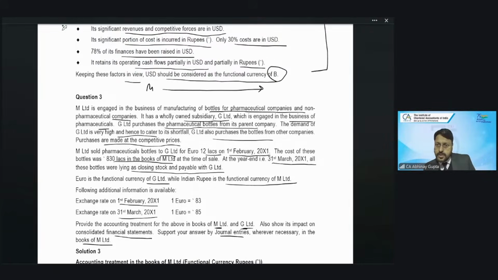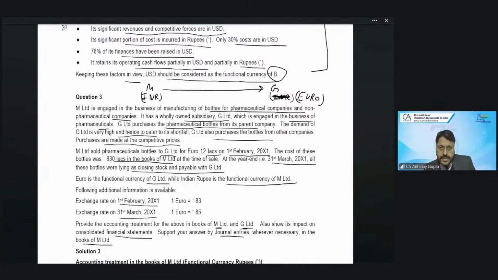M and G. G is based out in India, so INR is the functional currency of M Limited, and Euro is the functional currency of G Limited, correct?